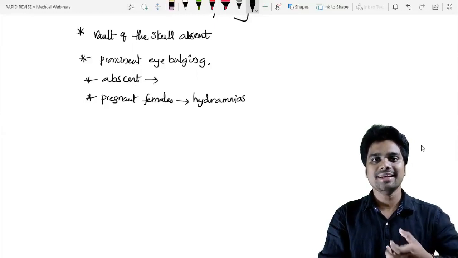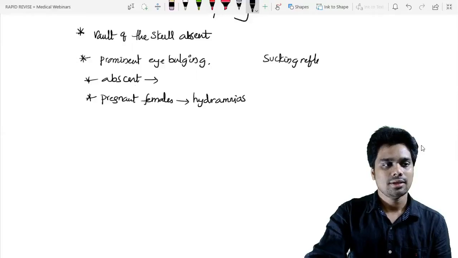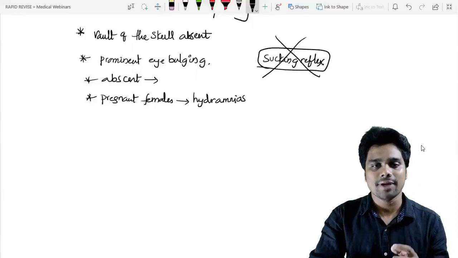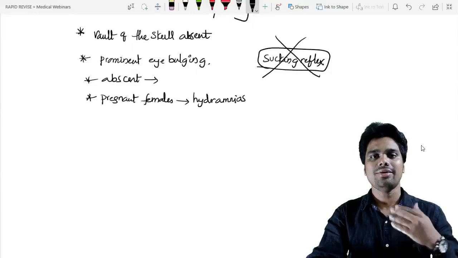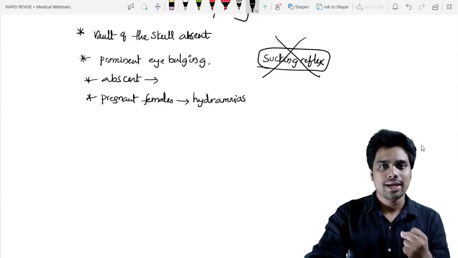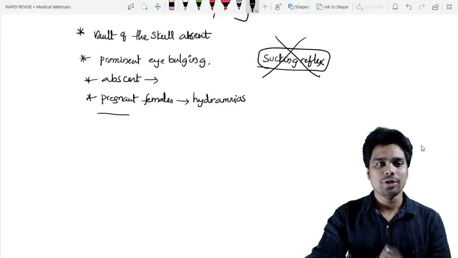Because of the degenerated brain, the sucking reflex does not develop properly. So the fetus cannot drink the amniotic fluid. The whole of the excess amniotic fluid gets collected in the womb, leading to polyhydramnios.